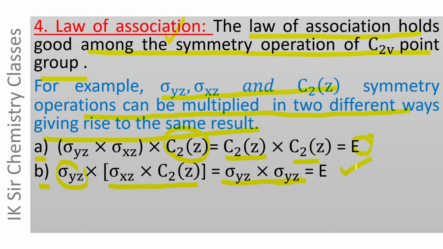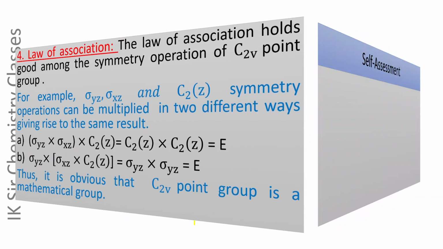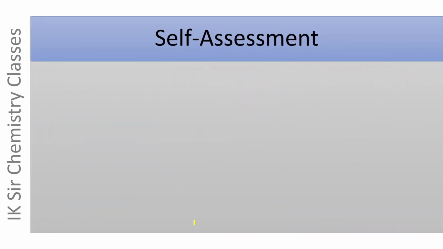Thus, all the four rules for a mathematical group are satisfied by the symmetry operations of C2V point group, and therefore C2V point group is a mathematical group. There is another time for self-assessment.